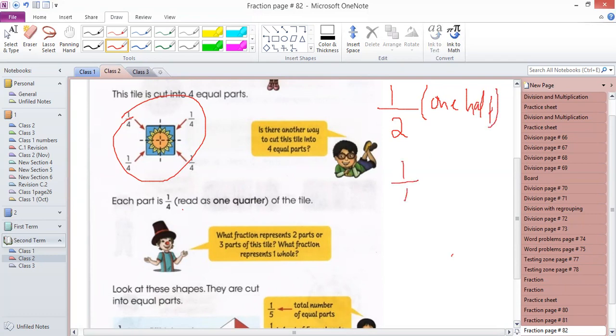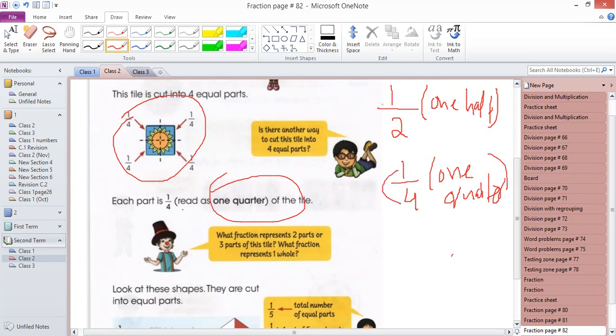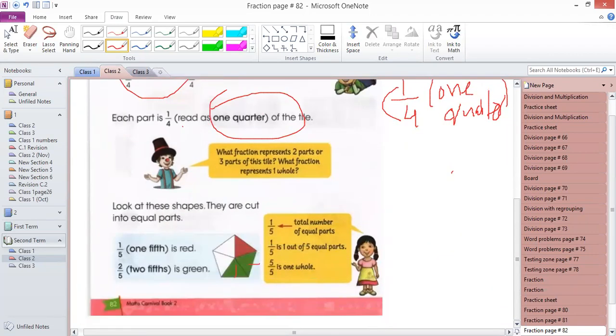And if you divide anything into 4 equal parts, you will always read it as one fourth, or one quarter. You will not read it as one second or one fourth part differently. Remember this: 1/2 is always one half and 1/4 is always one quarter.